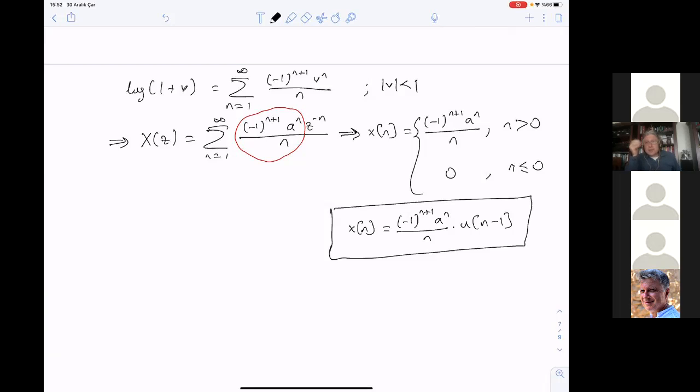Very awkward, very interesting result. And conversely, if I say that x of n is equal to this, what is the z transform of it? That would be a very difficult question, but eventually, if you can combine it in a simplified form, you have to say that x of z is therefore logarithm of 1 plus a z inverse. That's truly strange.